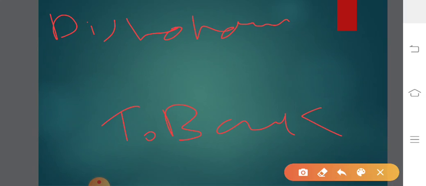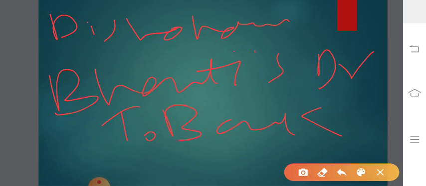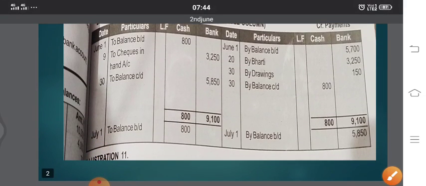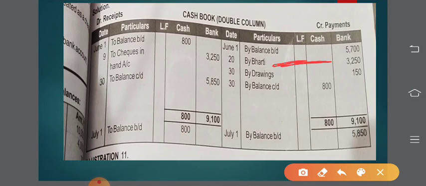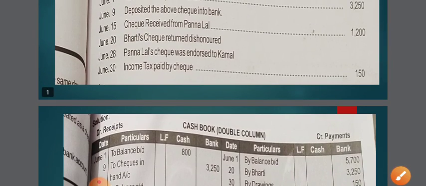But now since we got to know that actually Bharti did not pay, Bharti will again become our debtor. The journal entry will be Bharti's account debit to bank account. Now here, since bank got credited, we'll go to credit side of bank and we'll write here by Bharti's account, or by Bharti. Same amount, her check amount that was 3250. Moving to the next point.